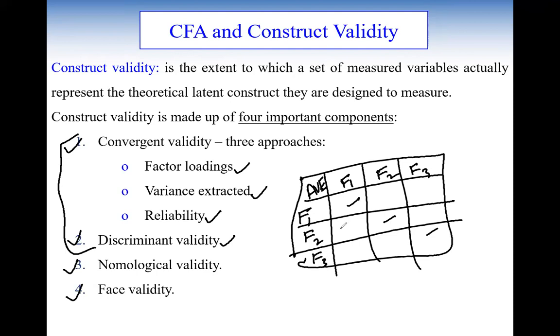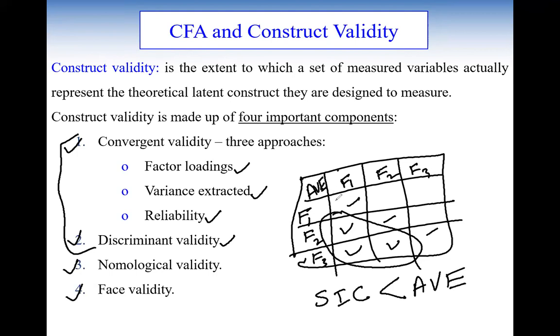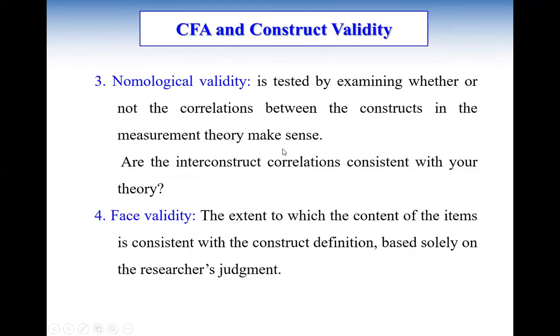So these are the off diagonal values. All the off diagonal values should be less than the AVE, and these values are known as the squared interconstruct correlation, SIC. The SIC should be less than the average variance extracted, and the average variance extracted is in the principal diagonal. See, all three values are average variance extracted. Okay.